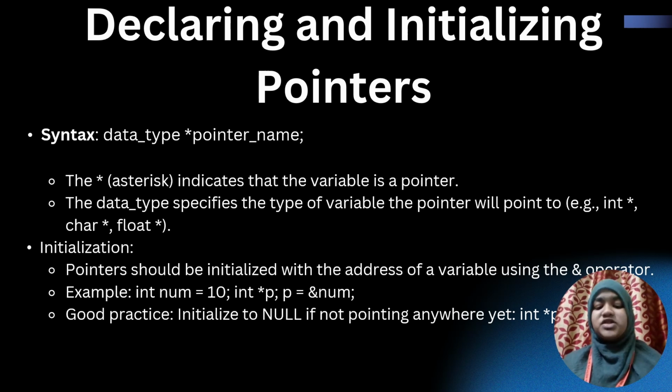The data type specifies the type of the variable the pointer will point to, for example integer, character, float. And to initialize it, we assign it a real address using that ampersand operator we just discussed. int *ptr = &num means the pointer ptr now holds the address of the variable num.